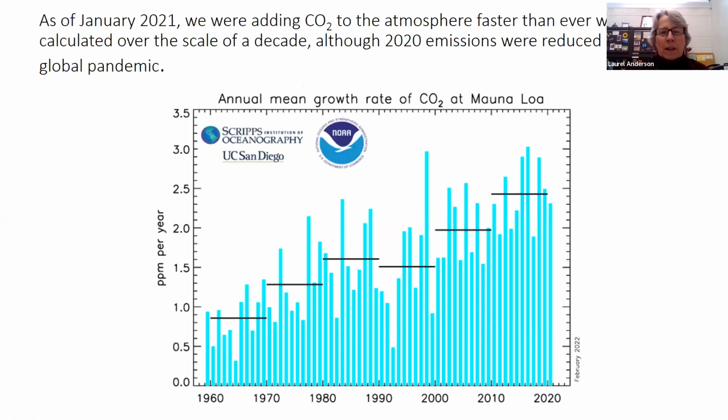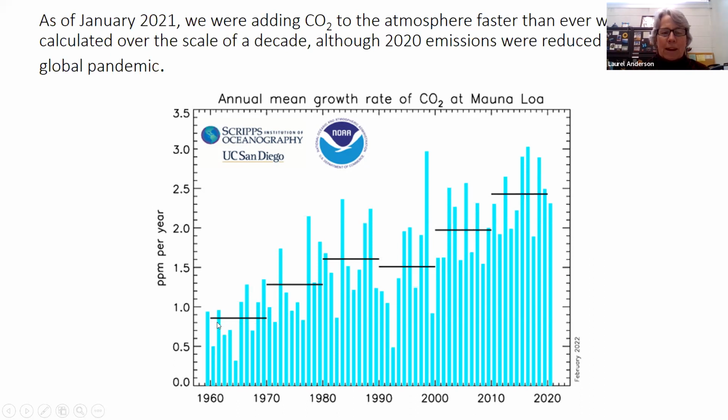It's also important to realize that even though we've been attempting to slow our carbon emissions, in fact, we are emitting carbon more quickly than ever. This is also data from NOAA that I downloaded from the NOAA website literally yesterday. And these lines are showing the average rate of CO2 emission per year in parts per million per year across these various decades.